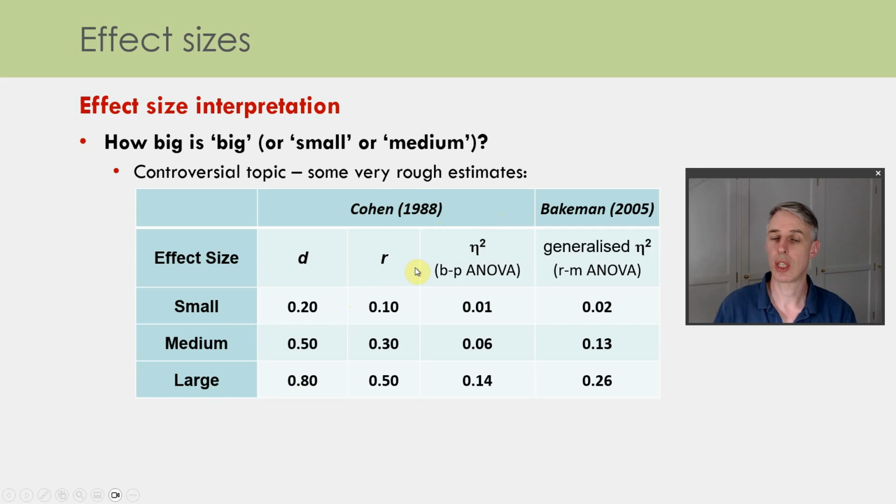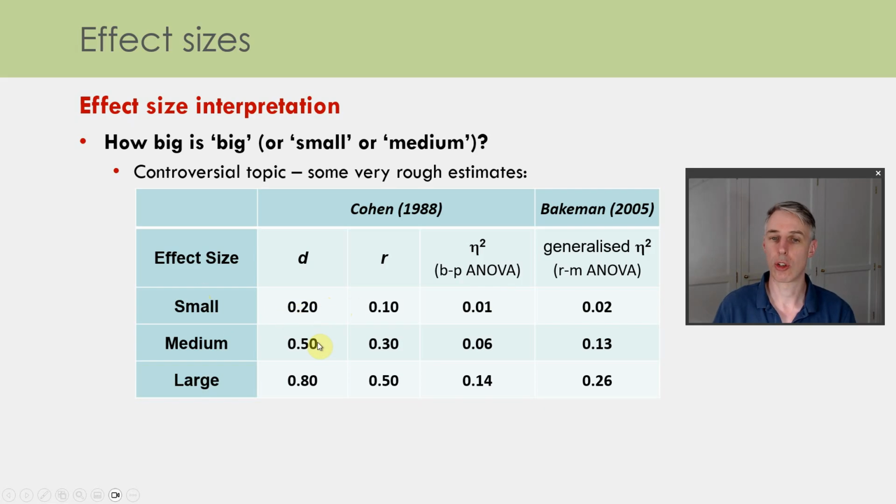So for each of these effect size measures, a Cohen's d, an r, or an eta squared in between participants ANOVA, he suggested that we can use rough cutoff points for small, medium, and large effects. For Cohen's d, a small effect is something like 0.2 or less.